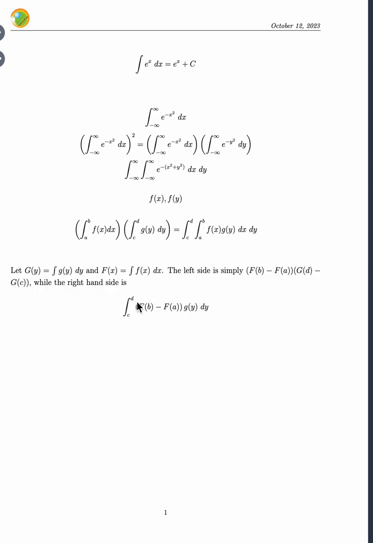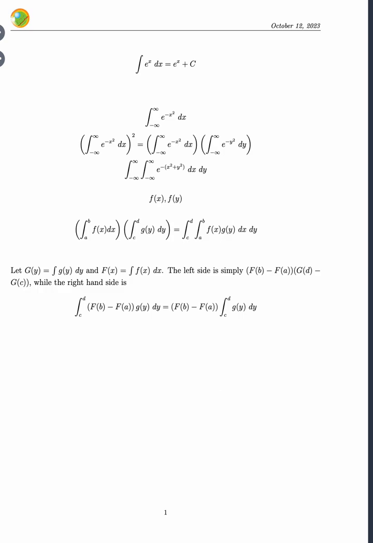But now F of b minus F of a, you can take it out. So this is just equal to F of b minus F of a times the integral from c to d of g of y dy, right? So notice I'm just making this simpler so that you guys can understand it more clearly.